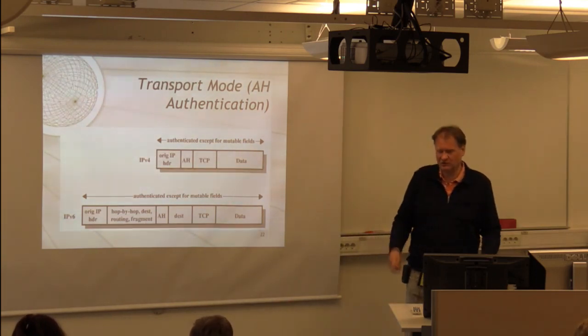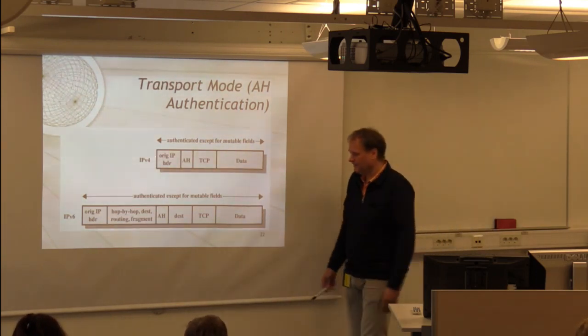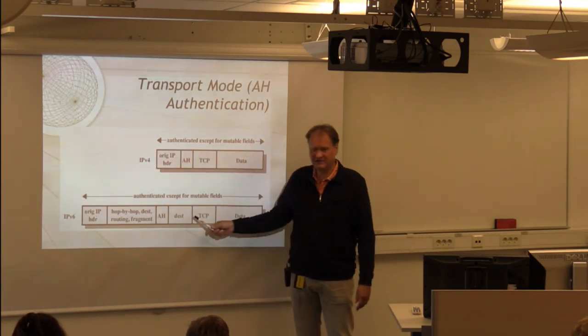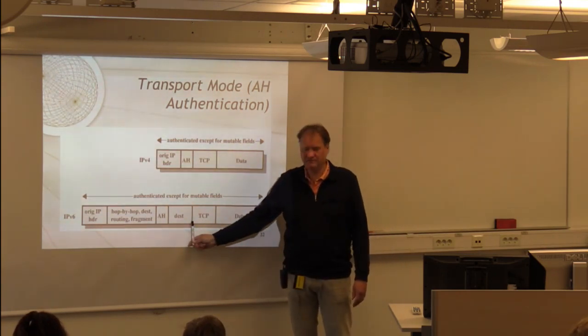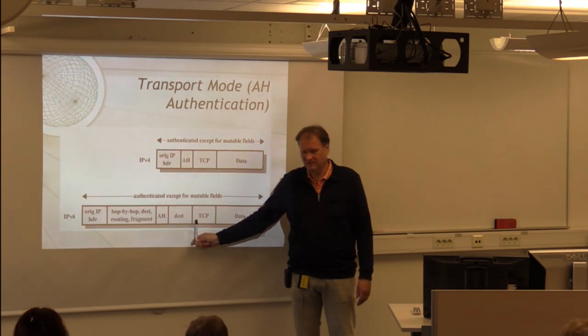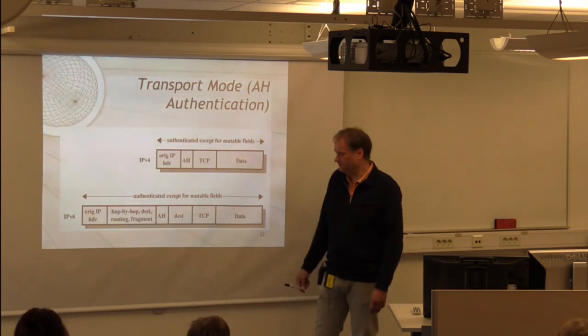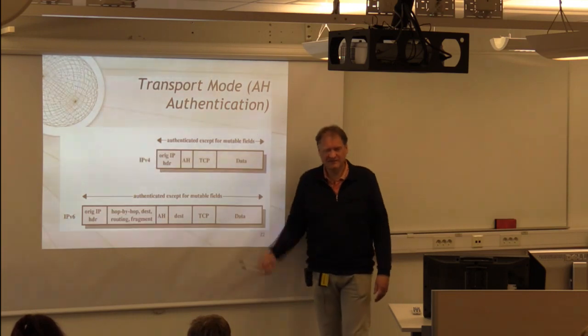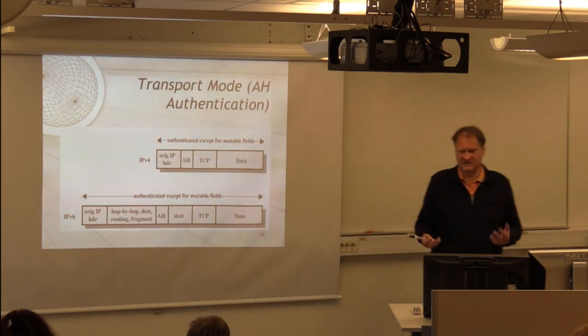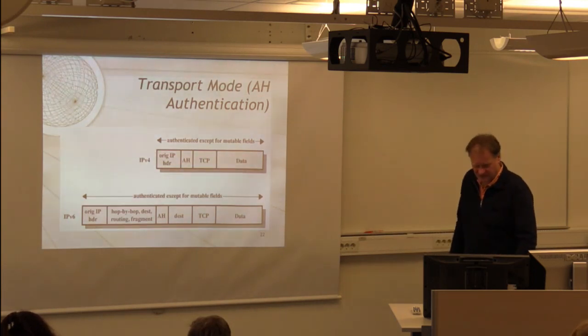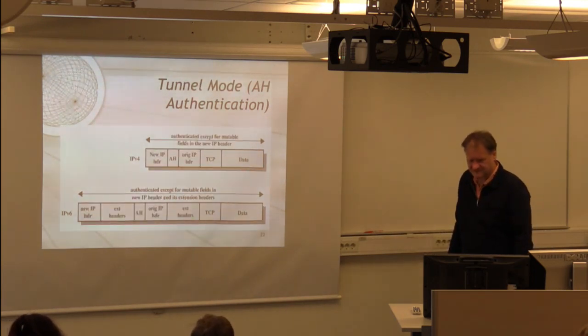So it's actually part of the header. And then there are some other headers that can come after, and then this is where the payload starts, with a TCP header from the transport layer. So that's a big difference for how we have implemented it, since we developed IPsec together with IP version 6.